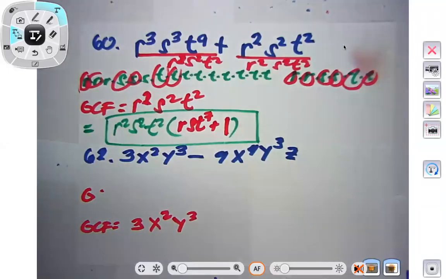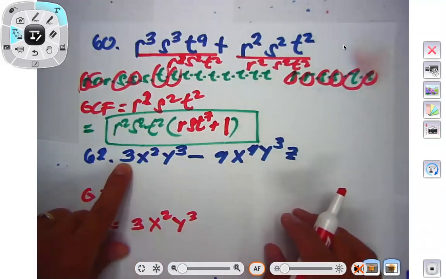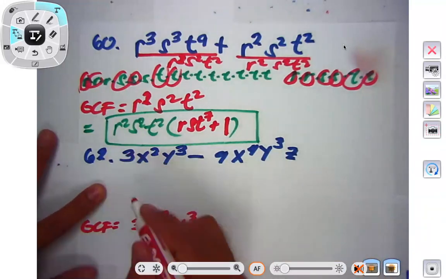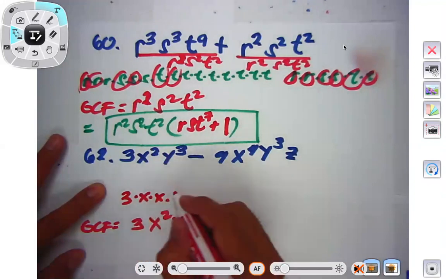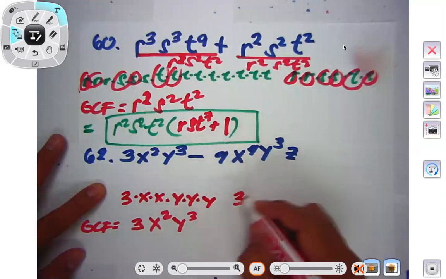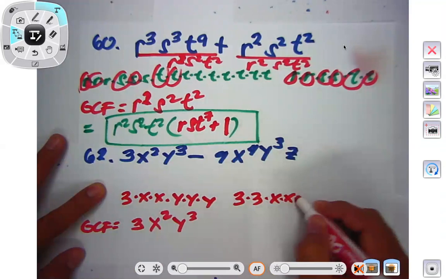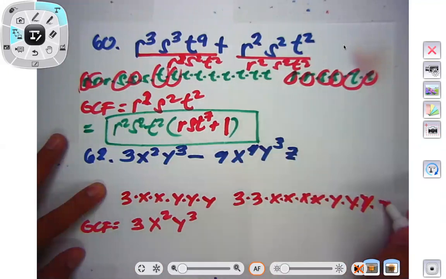Right, so let's prove that the GCF here is 3x squared y cubed by factoring each term here. So what are the factors of 3? It's simply 3, x squared, x, x, y cubed, y, y, y. 9, you have 3, 3. x to the 4th, you have 4 x's, y cubed, you have 3 y's, and then z, you have 1 z.